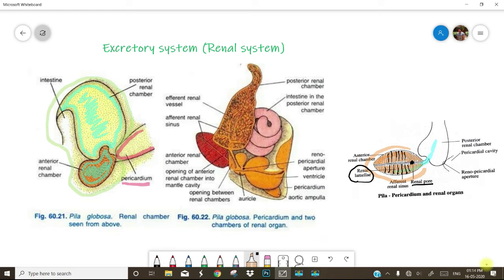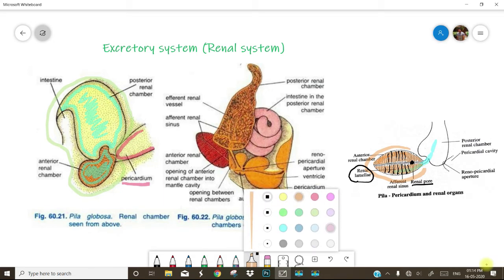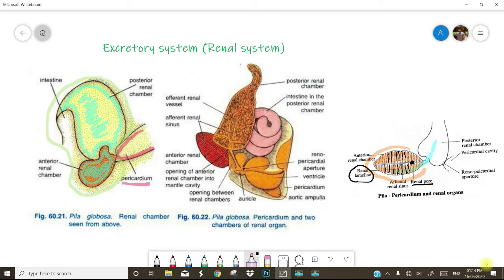You could see another structure here. This is the structure from which the renal lamellae originate laterally, and this is the afferent renal sinus. So the afferent renal sinus is acting as a central axis from which the renal lamellae emerge laterally, and this is the condition of the ventral side.